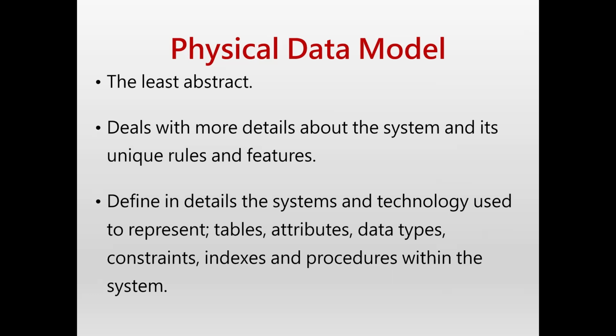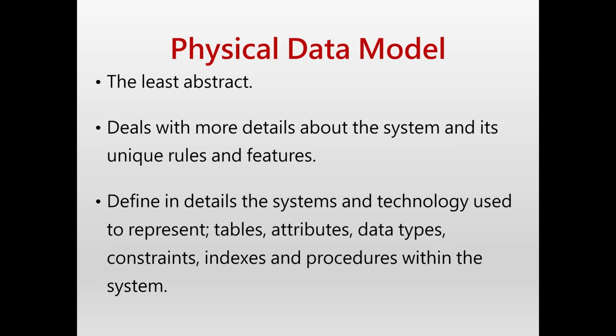So I have a less abstract but more detailed view of the components of the system. So in the logical data model, I know what are the tables, relationships, and attributes within the table.